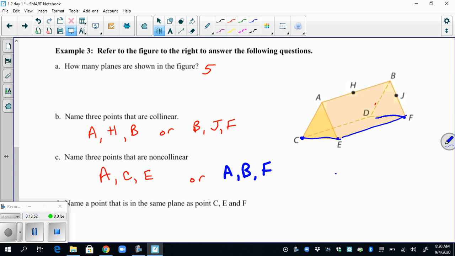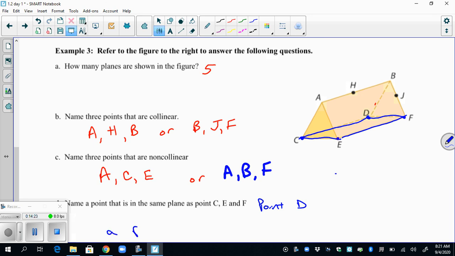The plane that all of those points are in is what I think of as the bottom of that prism that's sitting on a tabletop. And so C, E, and F, we can name it just with those 3 points, but this point D is also in that plane. So we could say point D is coplanar with points C, E, and F.